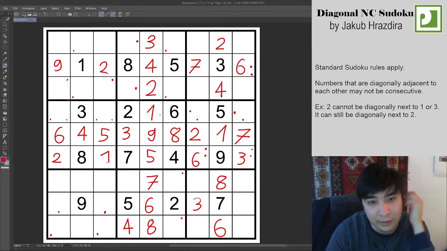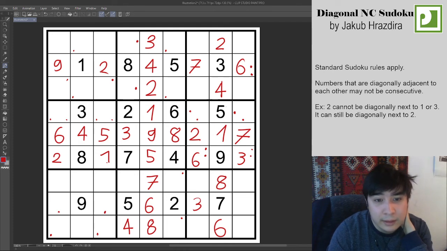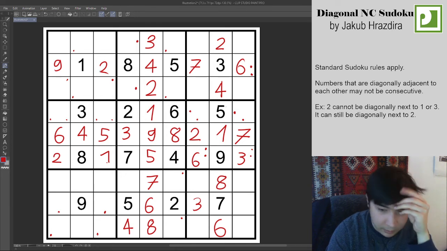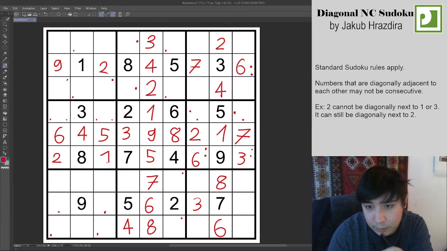Though that's not really saying much. I'm trying to look for things that the diagonals block, but there's not particularly a lot.